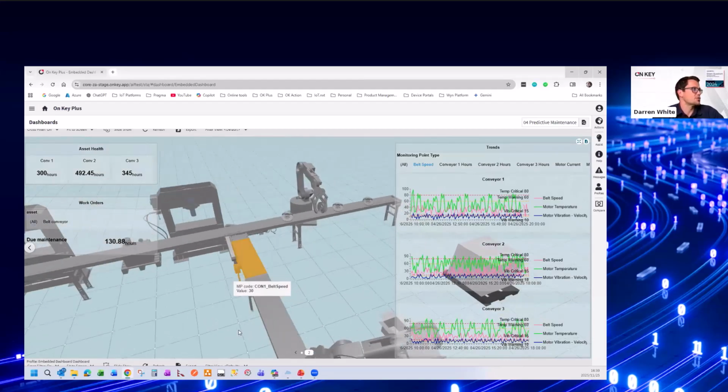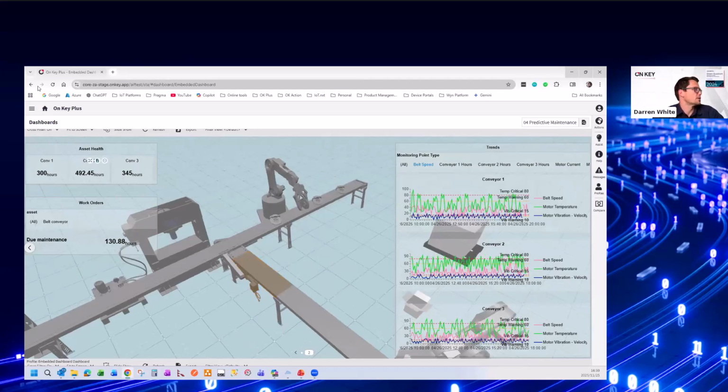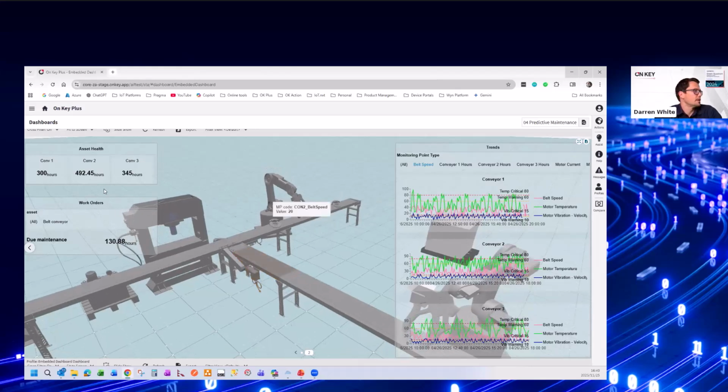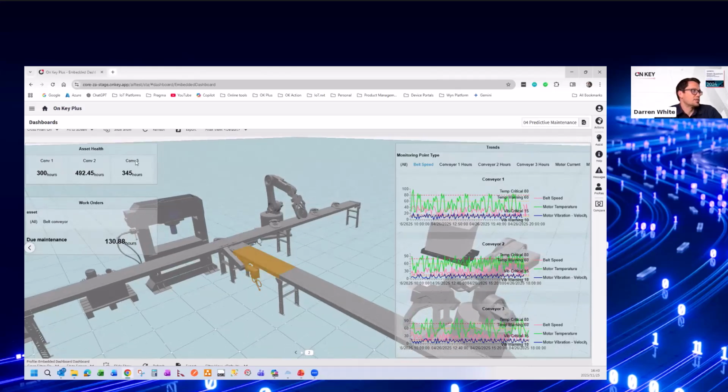Okay, so you have access to your real-time data. Specifically here, you can look at your belt speed, you can look at your motors with remaining useful life. So there's belt speed, real-time data of the latest data for that specific line. You can look at the latest values for each one of your conveyors, motors.